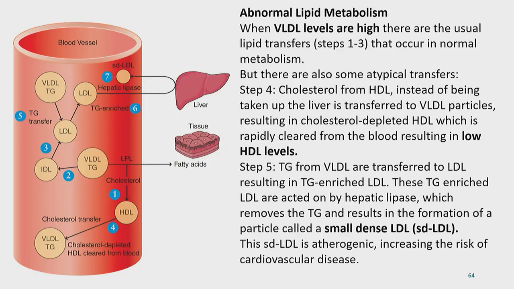This occurs because there are a lot of the triglyceride-rich VLDL circulating in the blood. The result of this transfer is a cholesterol-depleted HDL, which is rapidly cleared from the blood, resulting in low HDL. Another atypical transfer is that triglycerides from the VLDL are transferred to the LDL.